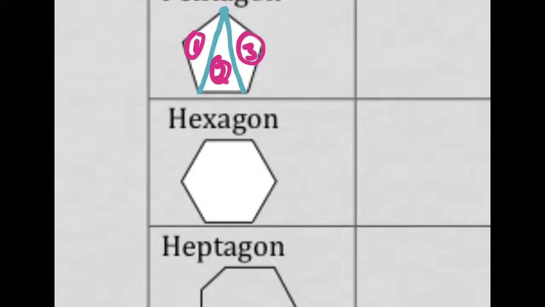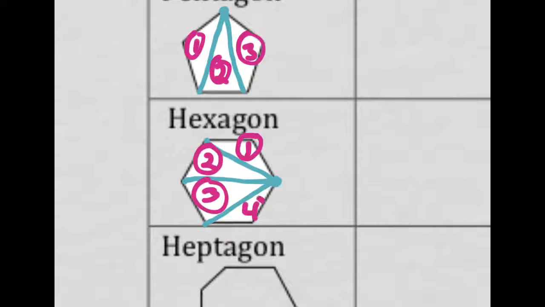Notice our pattern yet? Let's pick this vertex. We're going to draw our diagonal from each vertex that we can. And now how many triangles do we have? We have 1, 2, 3, 4.